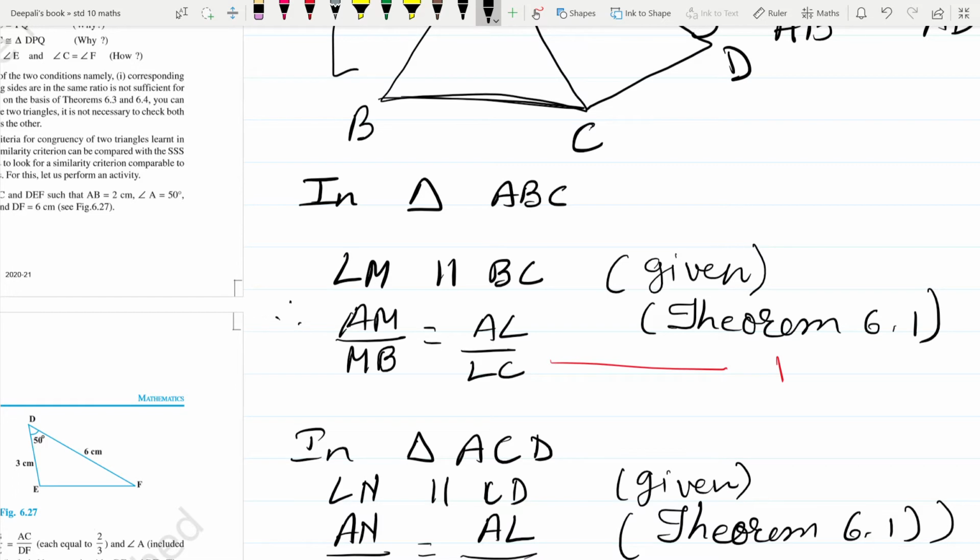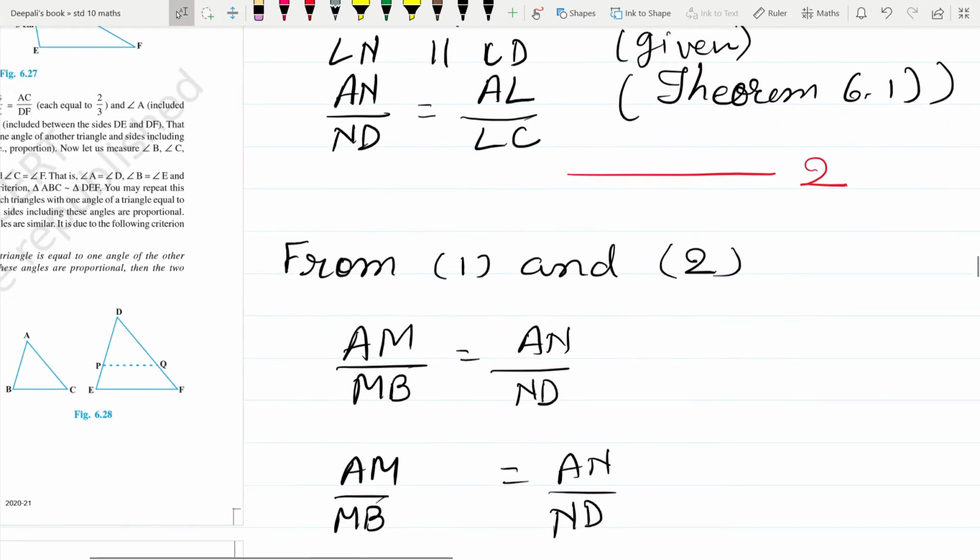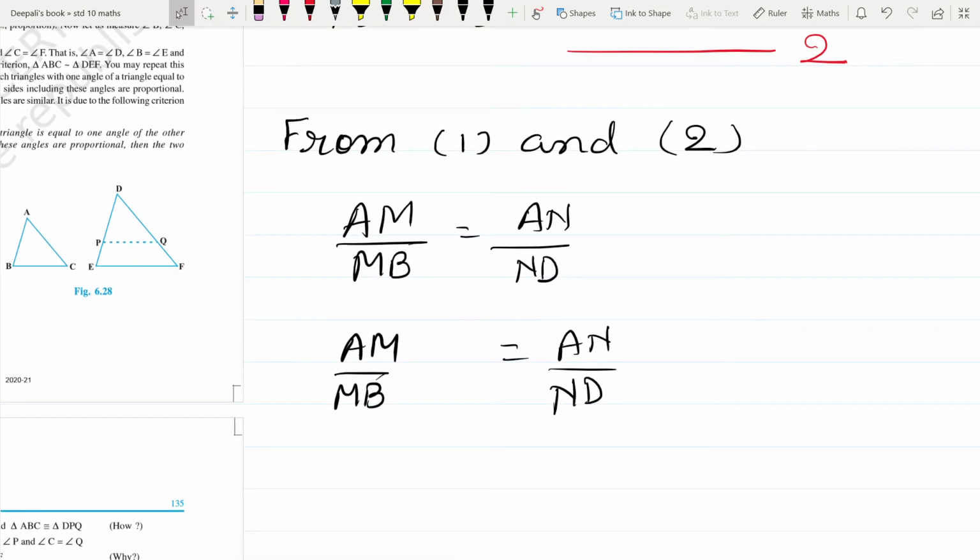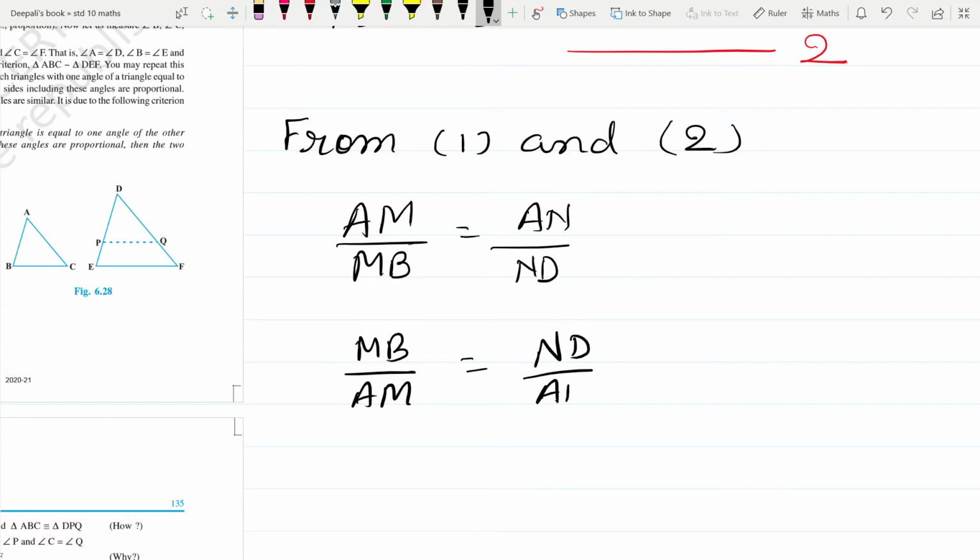Now from result 1 and 2, we can say that AM upon MB is equal to AN upon NB. Now if we apply the law of invertendo to the above equation, we get MB upon AM is equal to ND upon AN.